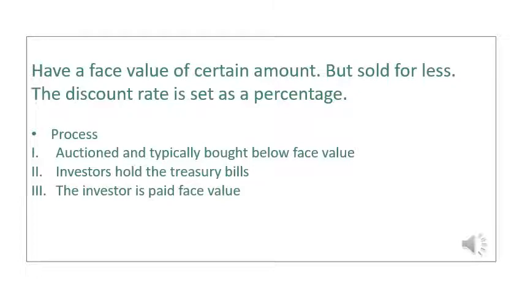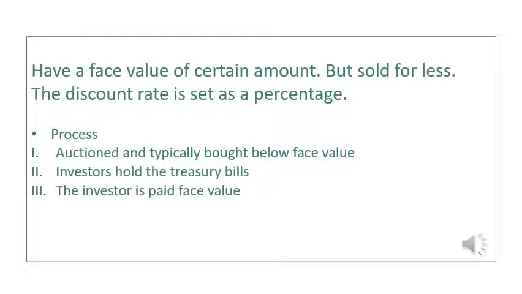Treasury bills have a face value of a certain amount, which is what they are actually worth, but they are sold for less. For example, a bill may be worth RM 10,000, but you would buy it for 9,600, where the discount rate is set as a percentage.